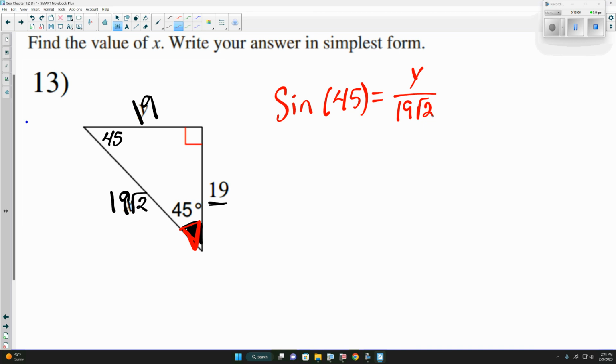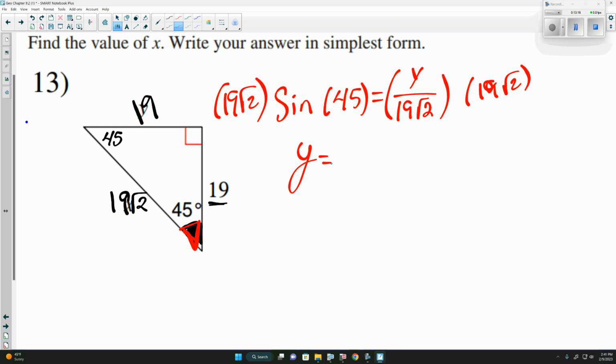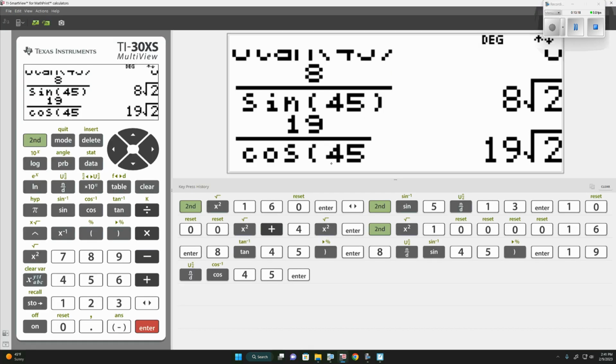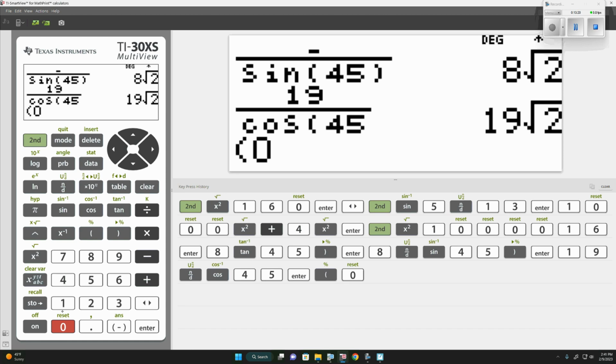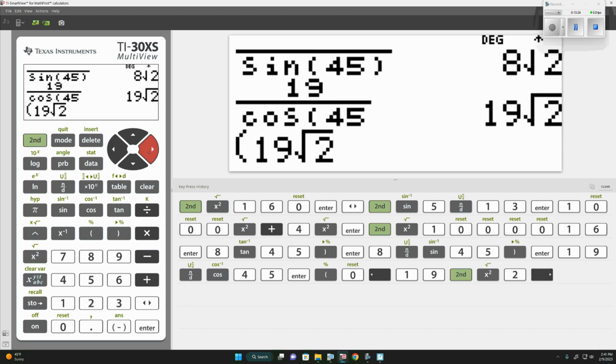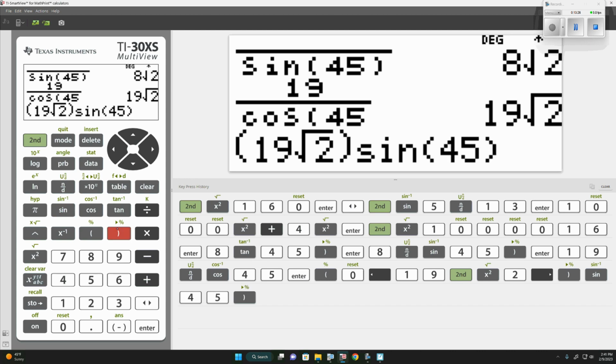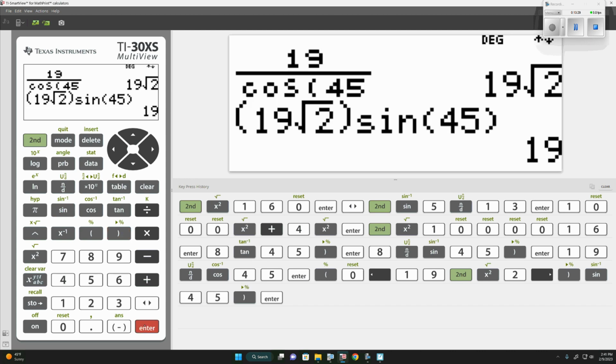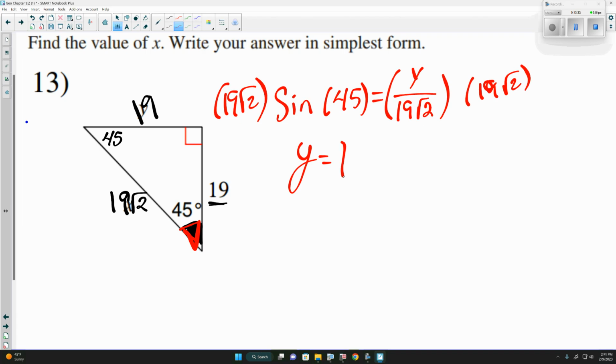At this point here, we would multiply both sides by 19 square root of 2. So 19 square root of 2 times sine of 45 degrees is 19. So y is indeed 19.